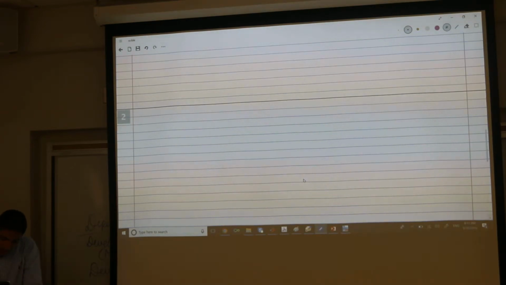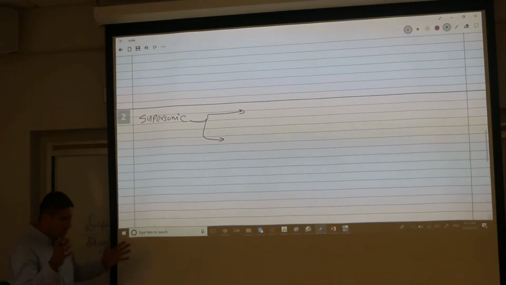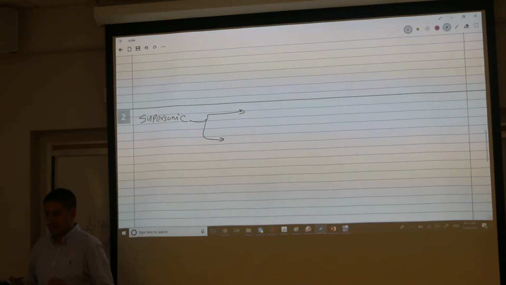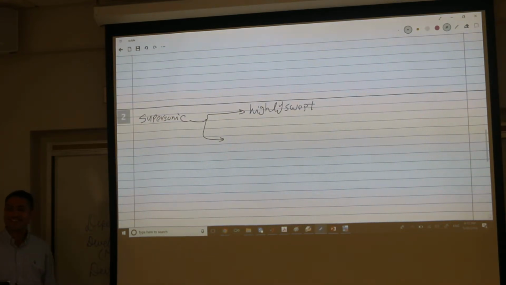If you want to design an airplane to fly at high speed, supersonic, what are the two characteristics that you always find in every single supersonic airplane? Can you tell me? Sweep. High sweep, very good. Highly swept, 70 degrees, right? Not 35 degrees like conventional airplanes.